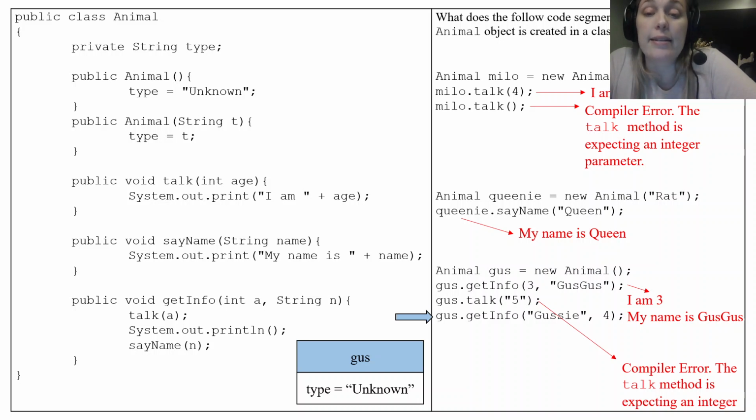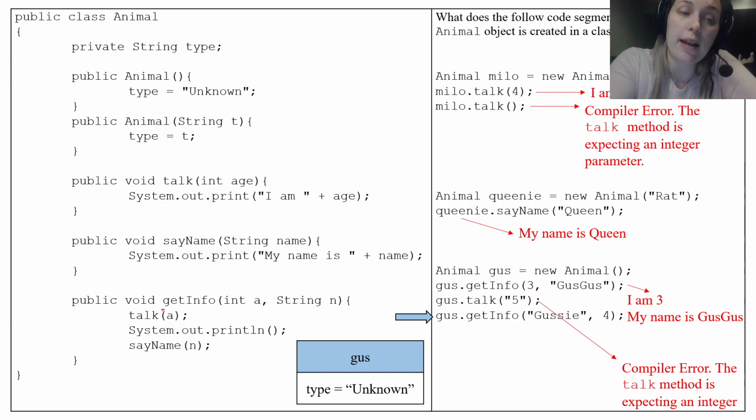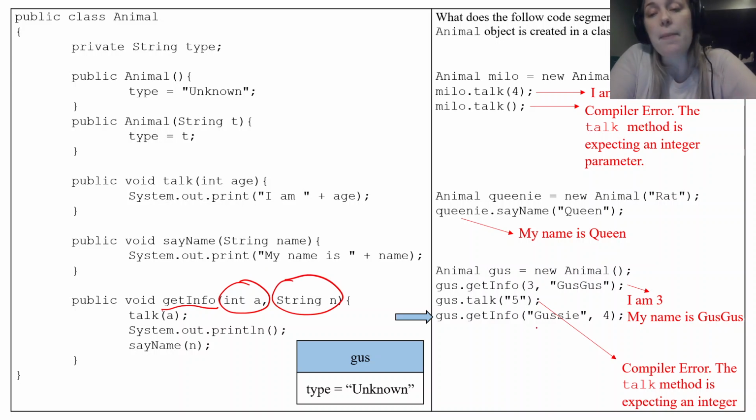The next line, gus.getInfo("Gussie", 4). So again, this getInfo method expects an integer, comma string. But what I pass it is a string, comma integer. So I flip-flopped them. Now, is Java smart enough to figure that out?